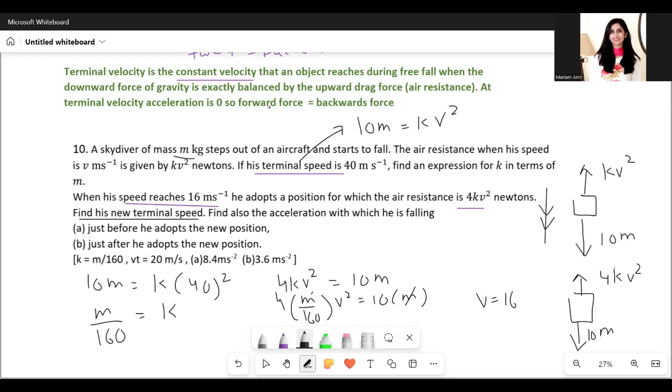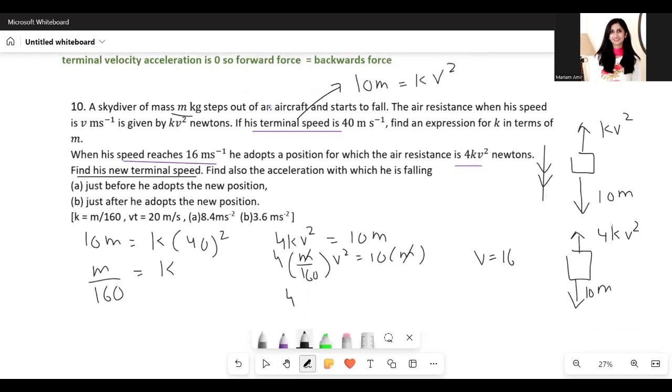We cancel both the m's and get 4 times 1 upon 160 times v squared equals 10. So we get 160 times 10 divided by 4, which is 400, and the square root of 400. So the terminal speed is coming out to be 20 meters per second.